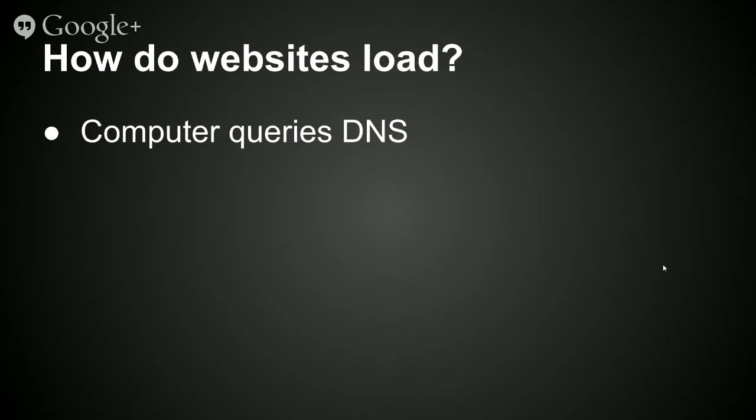So it's going to take google.com, for example, and turn it into the IP address that I'm sure you've seen before, and that tells your computer where the web server is hosted, where the website lives, and how to get the information from your computer to that web server and back.